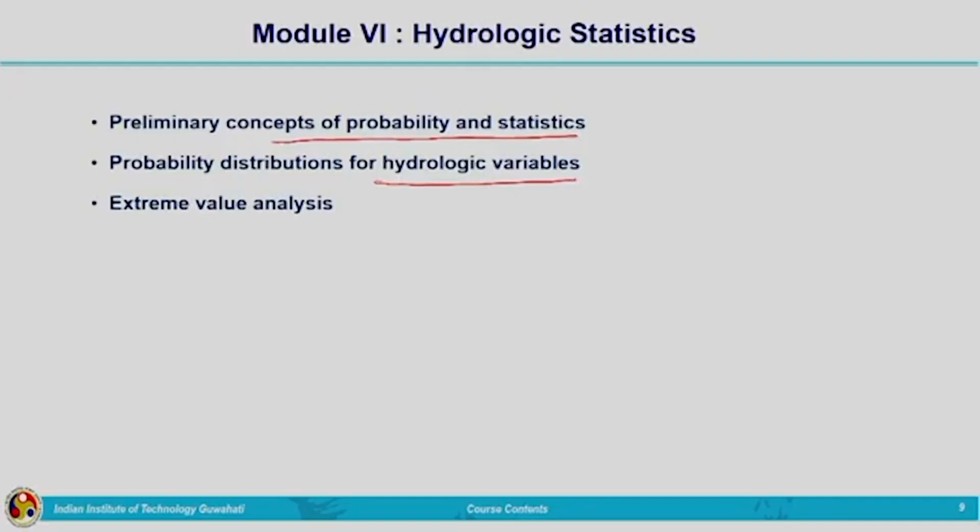Then we will be moving on to extreme value analysis. What is meant by extreme value analysis? If you are having excess rainfall, you might be experiencing flooding. And this is a very common phenomenon which we face every monsoon. And when we have a lack of rainfall, scarcity of rainfall, at that time we experience the drought phenomenon.